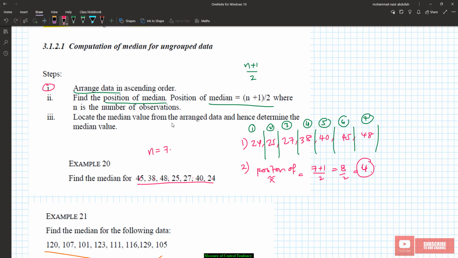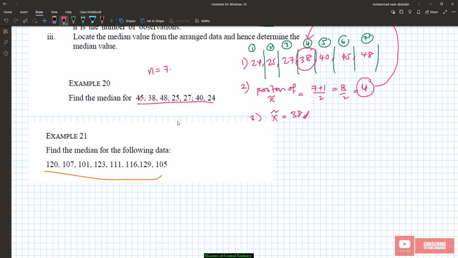So the median is located at position number 4, and the value of the median is equal to 38. This is the value at position number 4. Understand? Should be very easy. Okay, can we move on?